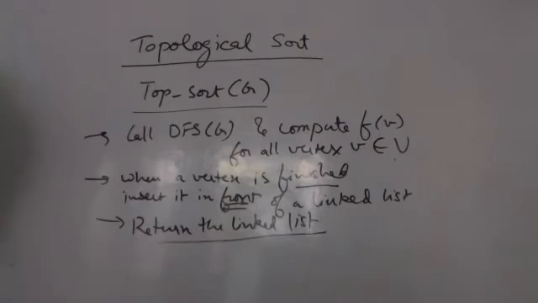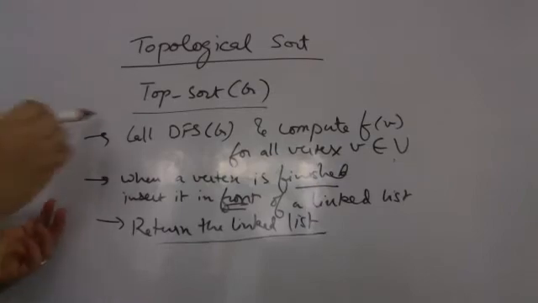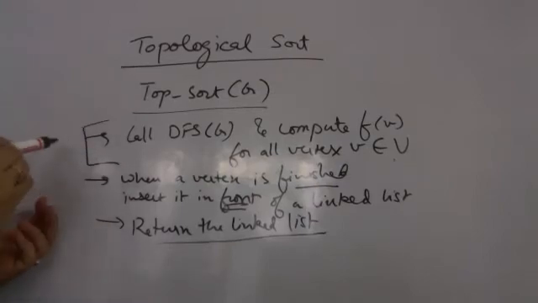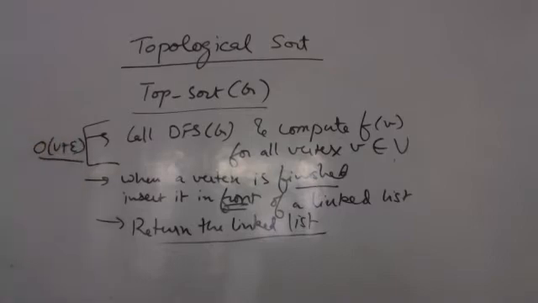Yes, ma'am. If you look at the complexity of the algorithm, DFS will take of the order V plus E time. We already have seen this, that the complexity of DFS algorithm is of the order V plus E time. Then after we are finishing, when I'm inserting an element in the front of a linked list, it will take some constant time only.